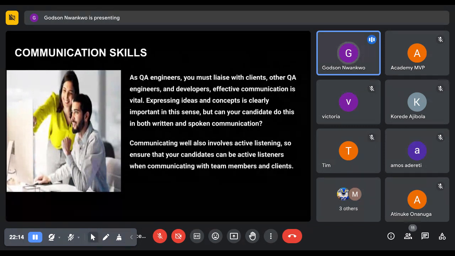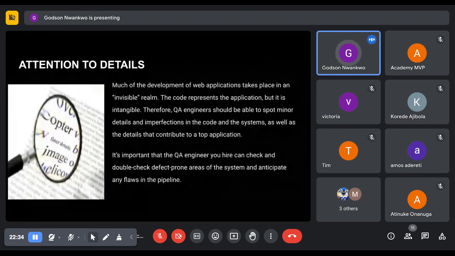Also, one of the important soft skills of a QA engineer is paying attention to details. A QA engineer has to and will always pay attention to details.